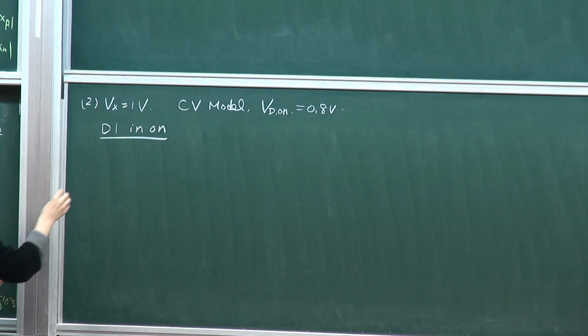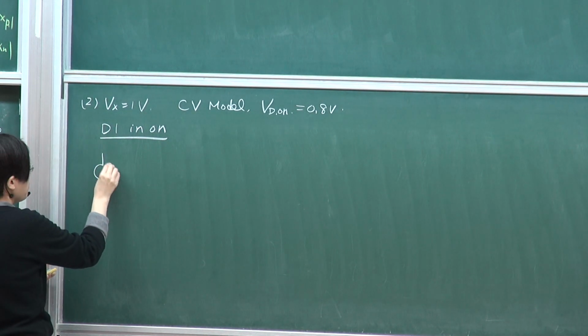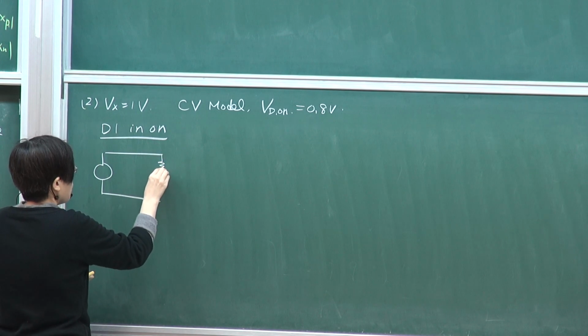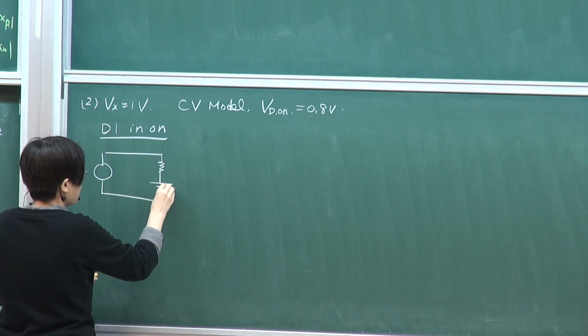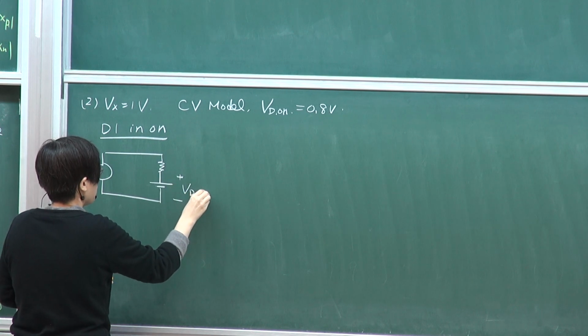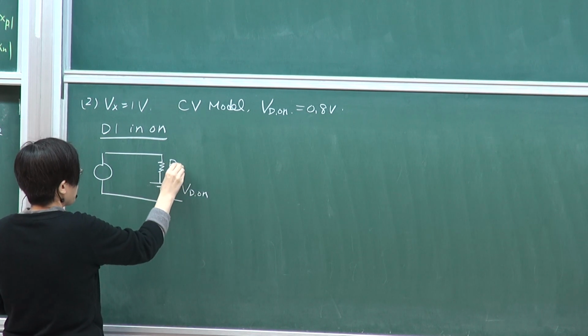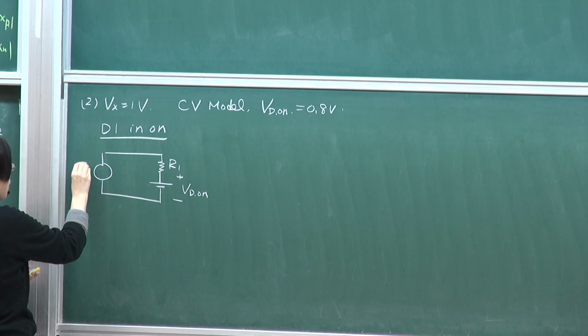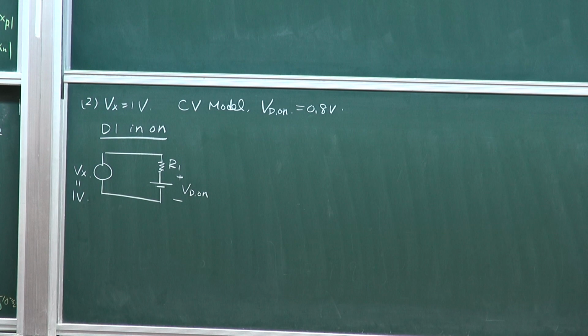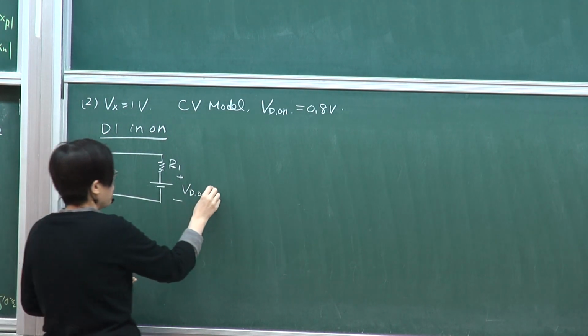So your equivalent circuit will become this. We're simply substituting this. So this would then be your equivalent circuit. Right? This equals 1 volt. Okay? And VD on is 0.8.